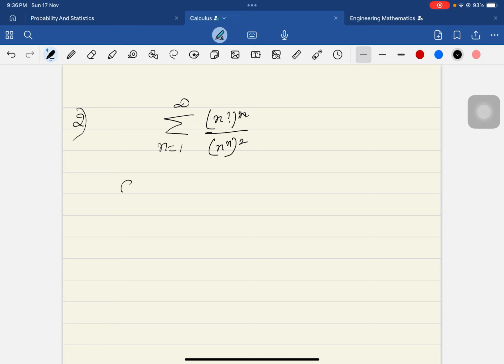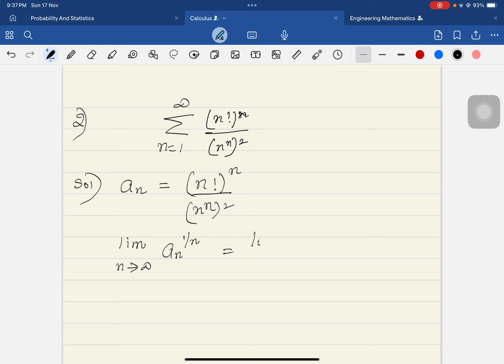So now what is a_n here? a_n is given by (n factorial by n power n) the whole square, to the power n factorial. Okay. So now our job is to find a_n to the power of 1 by n.